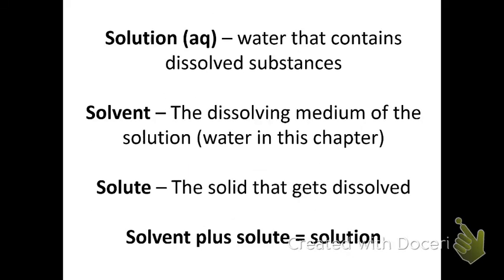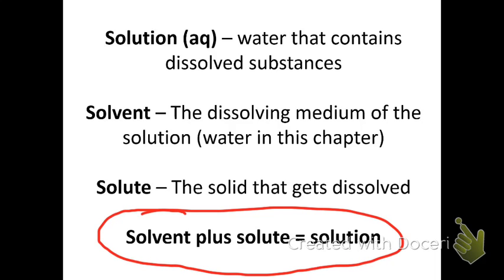One of the key concepts to remember in all of this is that solvent plus solute equals solution. The best analogy is, for instance, if you go to the supermarket and decide you want to get Kool-Aid. Nowadays you can buy Kool-Aid that's an all-in-one mix.